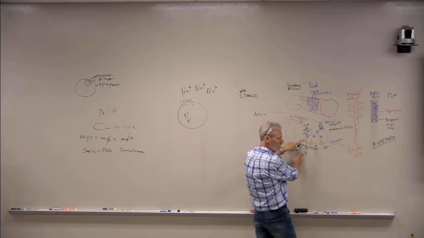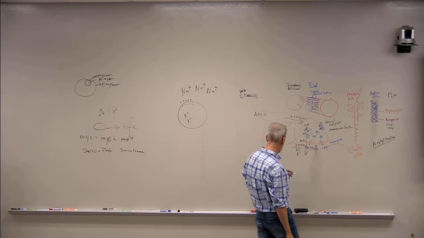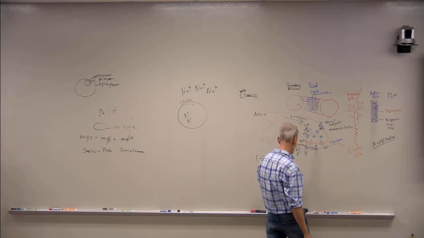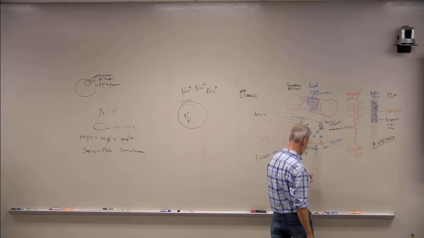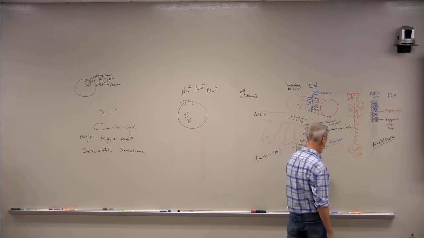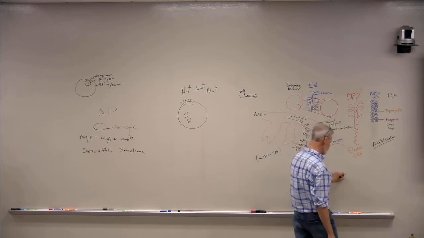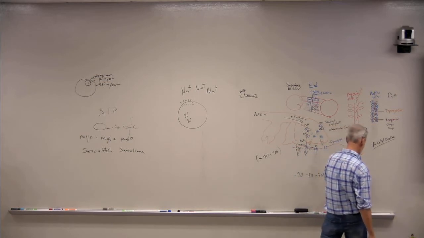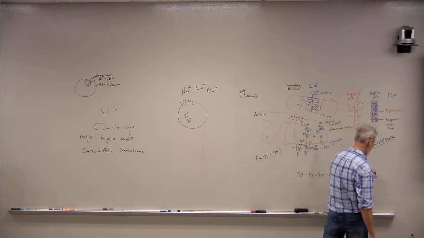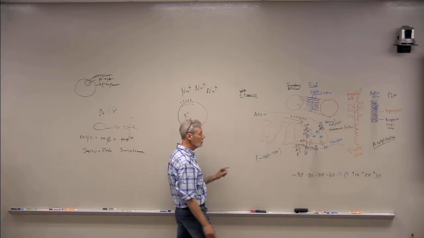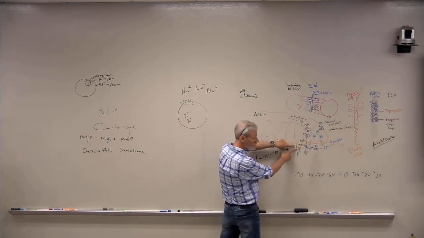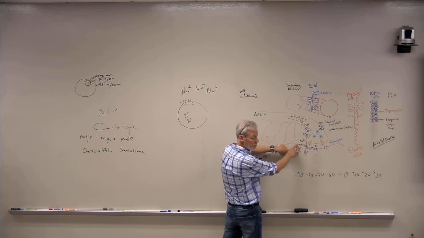If you measure the voltage, which they have, it will start at, let's say, minus 90, okay? Then it'll go minus 80, minus 70, minus 60, all the way up to 0, plus 10, plus 20, about plus 30 is how far it goes.